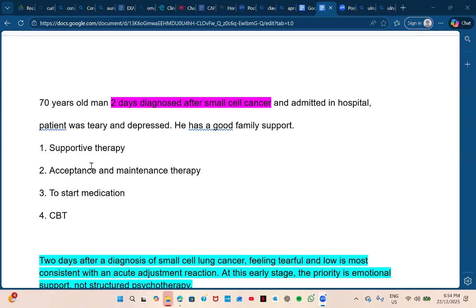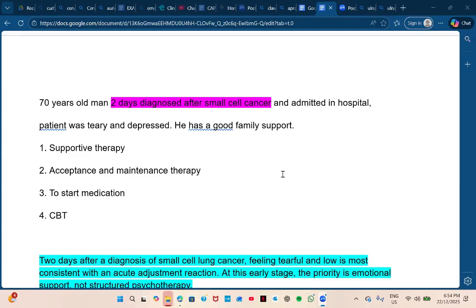Here the patient is teary, and even though he has good family support, a patient with cancer is mainly looking for sympathy from the doctor first. The family support is emotional, but they have no idea about the treatments or the disease.